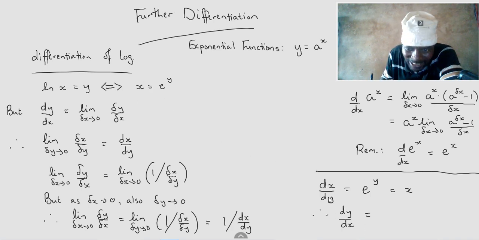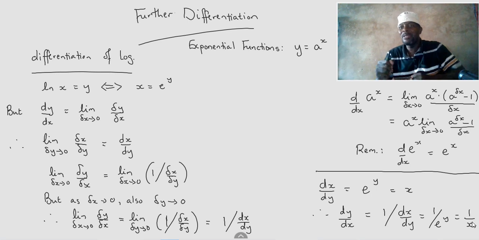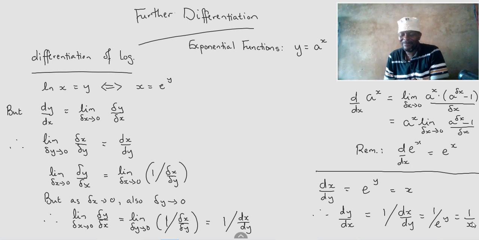So our dy dx is simply 1 over dx dy, which is 1 over e to the y, which is 1 over x. Beautiful. We have come up with a solution for our next space.